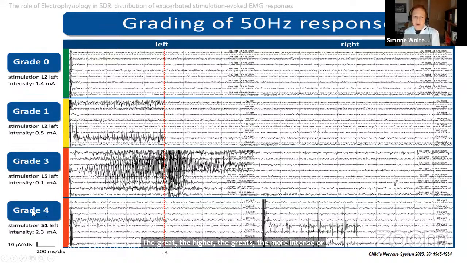For example, look here at grade 4. We only stimulate the rootlets on the left. This is the right-hand side. The response is highly abnormal with regard to the contralateral spread.